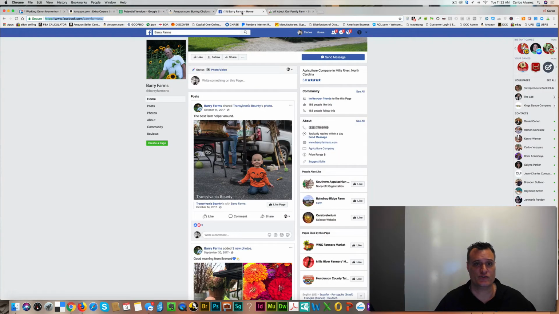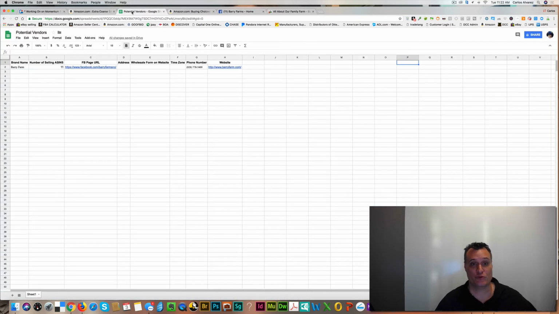Cool tip is when you're on their Facebook page, send message. You know, reach out to them on Messenger. Facebook is really starting to get stricter with people's response times on Messenger, so it'll behoove you to reach out to them on Messenger.